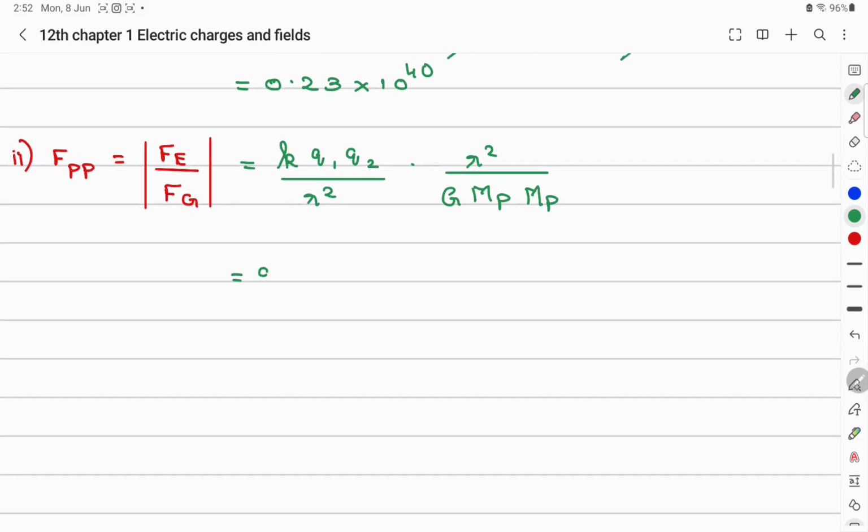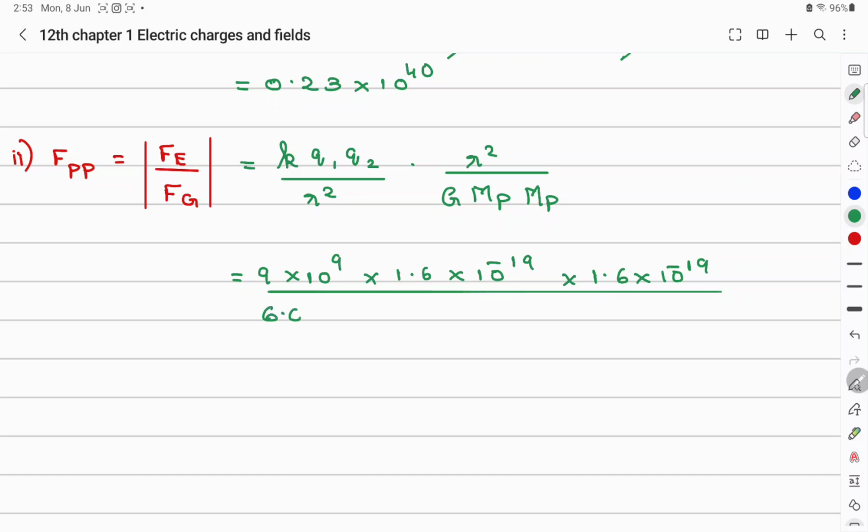So the value will be 9 into 10 to the power of 9 into 1.6 into 10 to the power of minus 19 into 1.6 into 10 to the power of minus 19 by 6.67 into 10 to the power of minus 11 into 1.67 into 10 to the power of minus 27 into 1.67 into 10 to the power of minus 27.